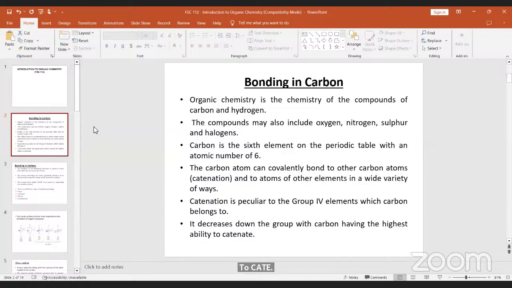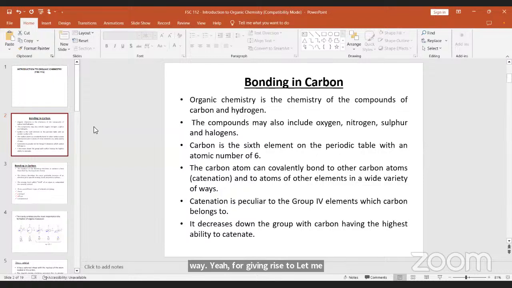Some other elements in group 4 also have this ability, though to a lesser extent. But carbon can link to one another and form long chains of carbon to carbon. This can be done in different ways, giving rise to a limitless number of compounds that carbon can form.